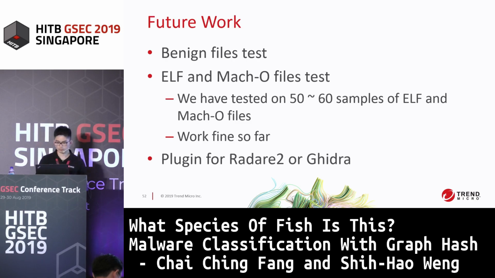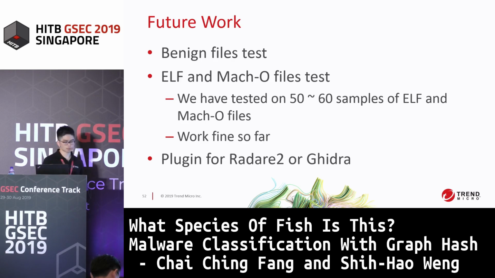Future work. Right now, we lack benign file tests and ELF and Mach-O file tests. We just use graph hash on around 50 to 60 samples of ELF and Mach-O files.